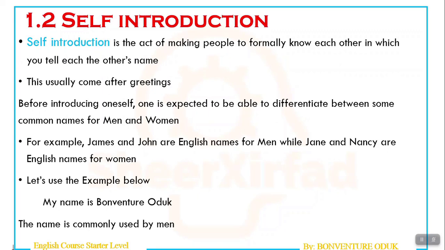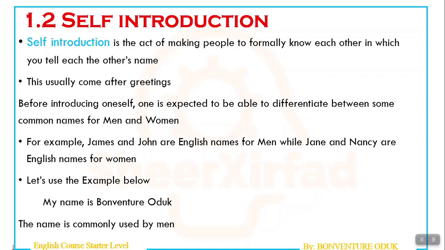Let us move ahead to self-introduction. Self-introduction is the act of making people formally know each other, in which you tell each other your names. This usually comes after greetings.